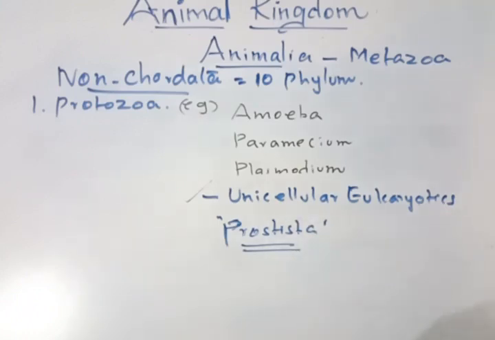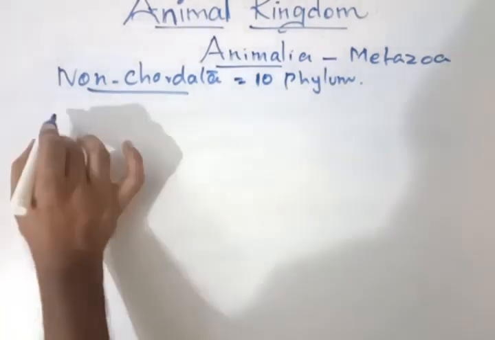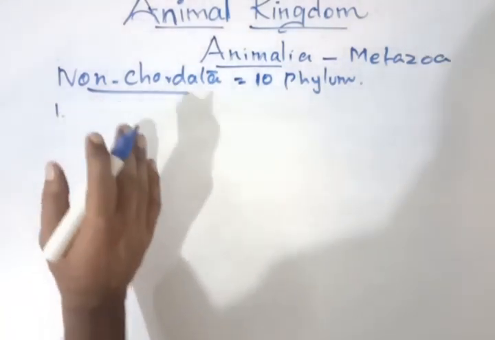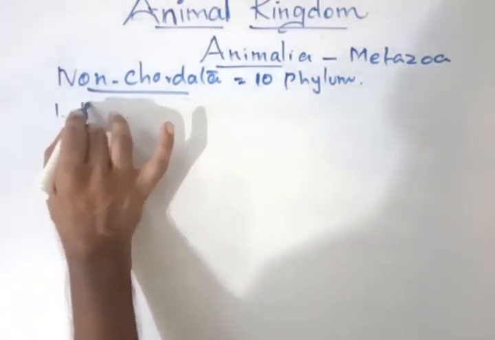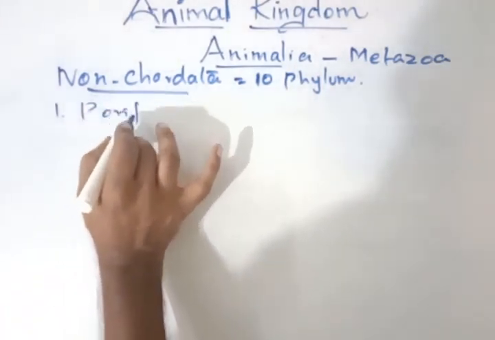Right. Now we are going to study the other phyla after protozoa. So first you have to always talk about protozoa. Because we have removed protozoa, we will concentrate from the next one, called Porifera.